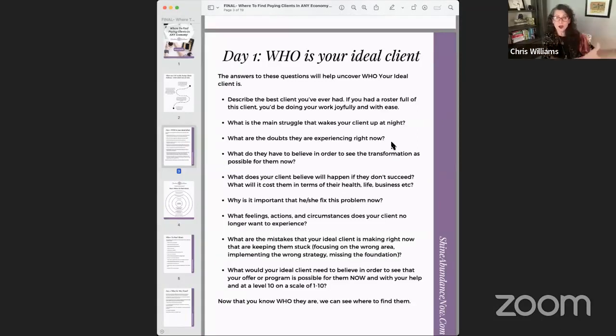Okay, but we have to know what it looks like for her on Pain Island in order for us to talk about it, right? So we have to know, what is the struggle? What does she believe will happen if she doesn't succeed? So what happens if she is still struggling? If she's still struggling with low energy, is she not able to participate on weekly hikes with her grandkids or her husband or her spouse? Is she constantly reaching for donuts in the afternoon because she's exhausted?